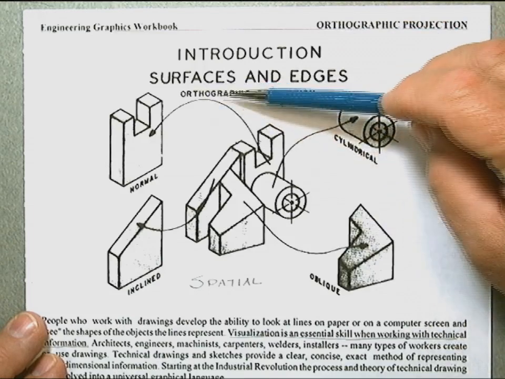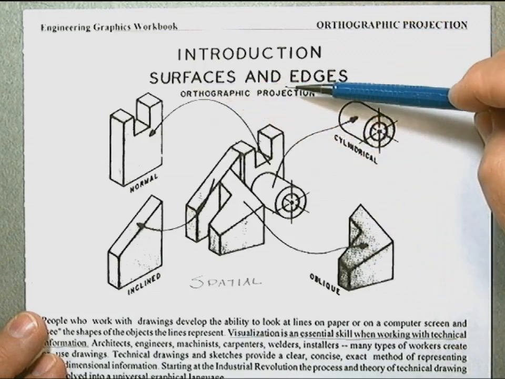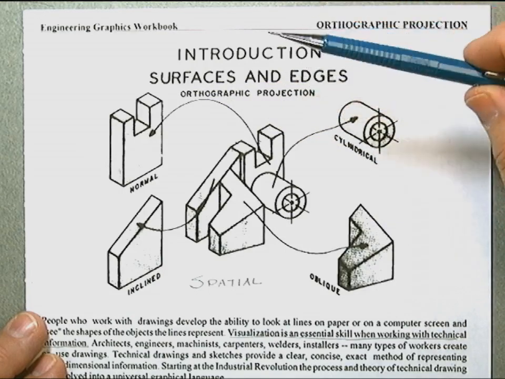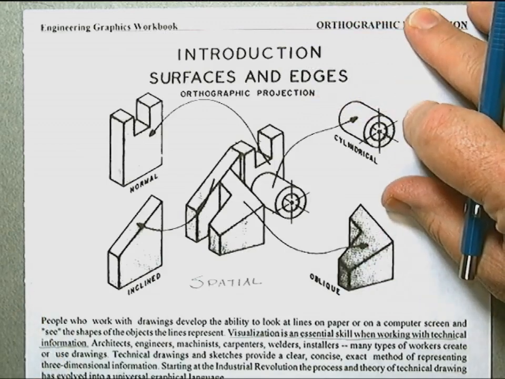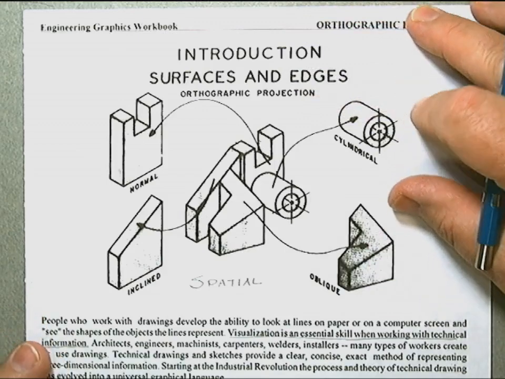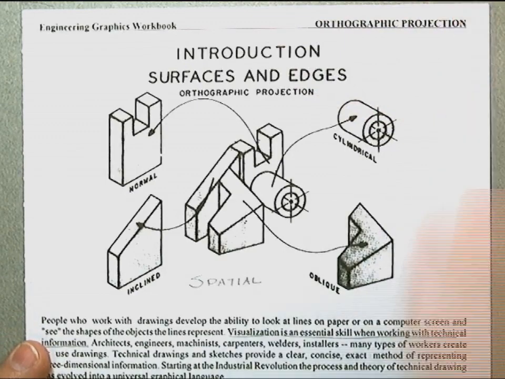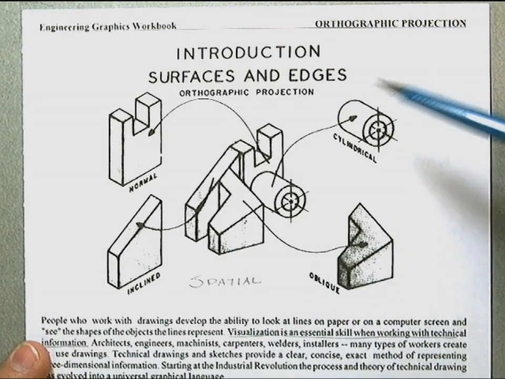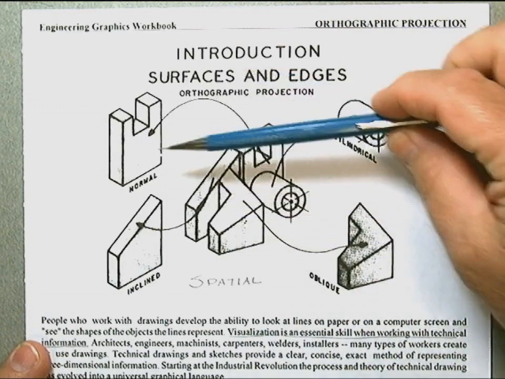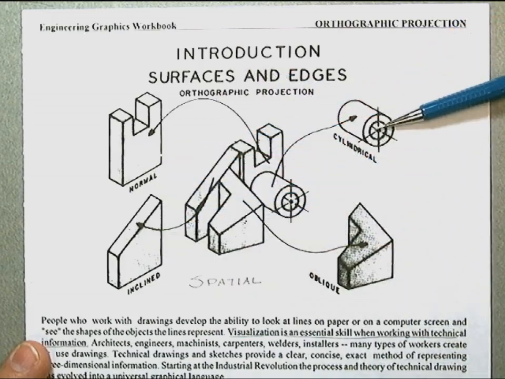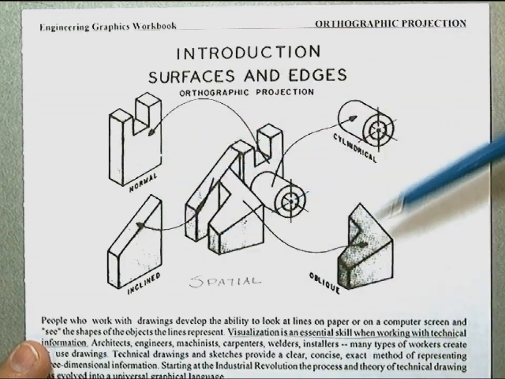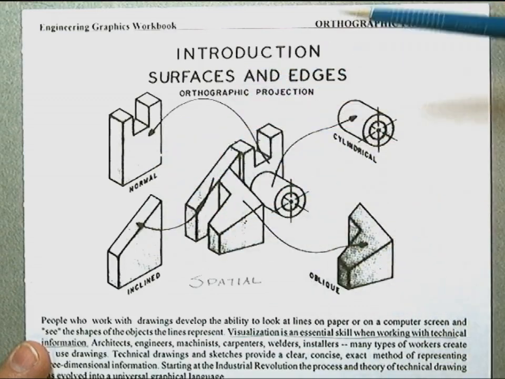We're learning to write at right angles or draw at right angles for our view. This creates true view, true projections of our objects, non-distorted, on our paper. So there's four types of surfaces: normal, inclined, oblique, and cylindrical. We're going to explore all of these in this introduction.